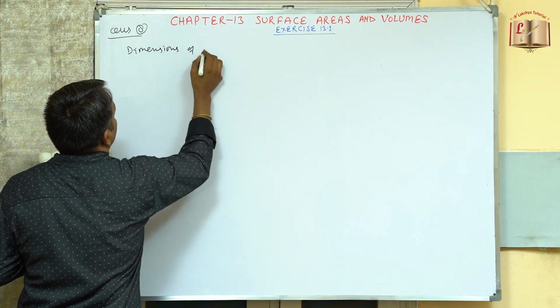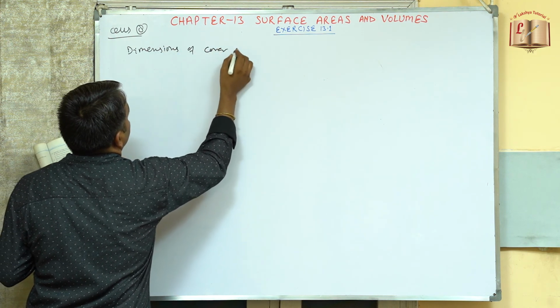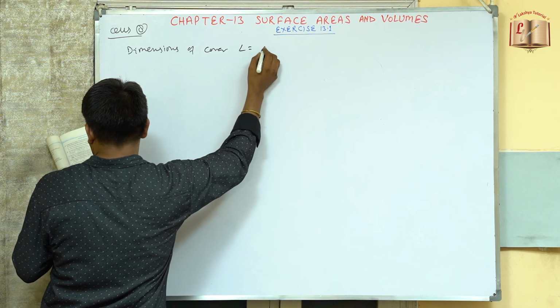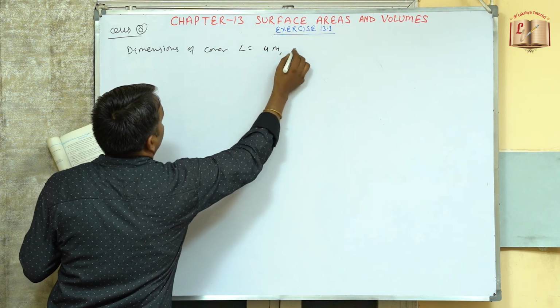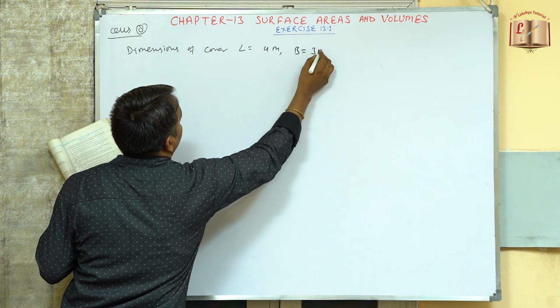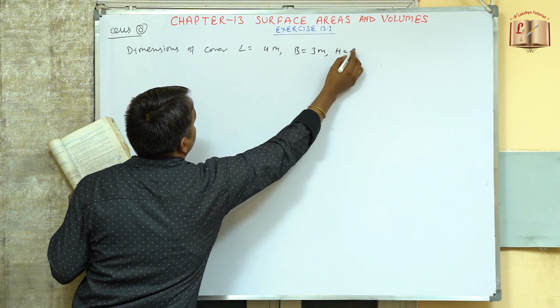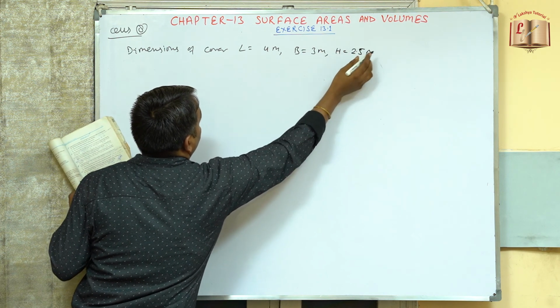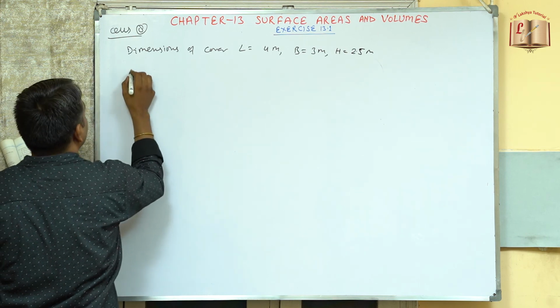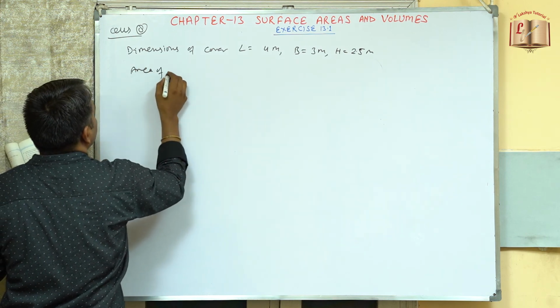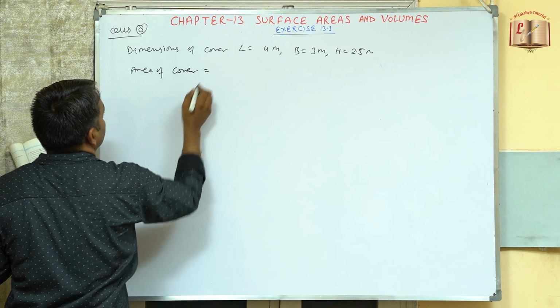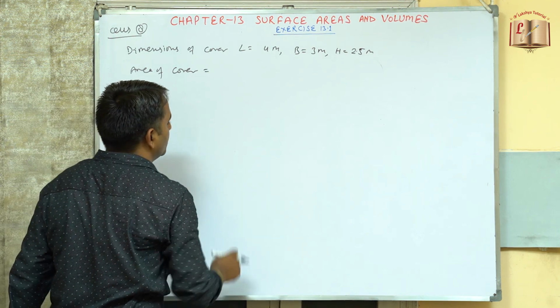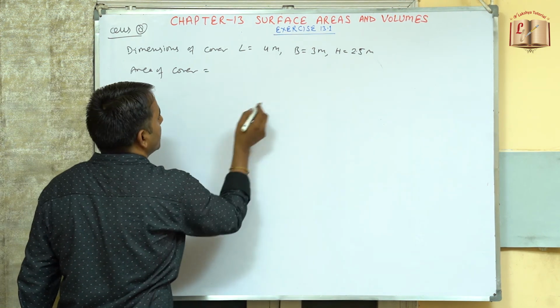So dimensions of cover: length is given to us, this is 4 meter, and width is given 3 meters, and height is given 2.5 meters. Now we need to find out the area. So area of cover, that is now not having the base, all sides covered.